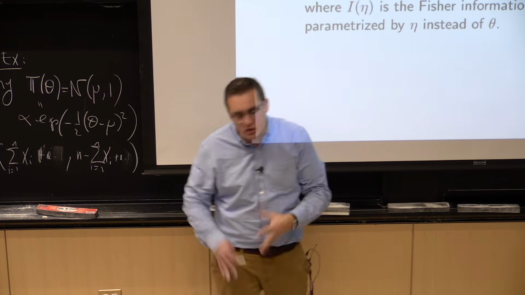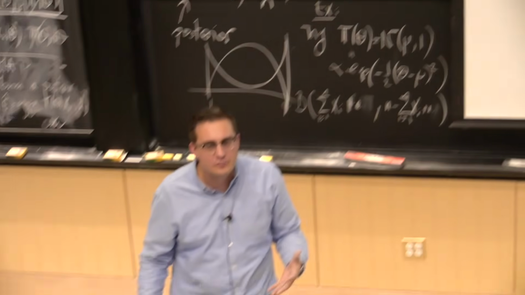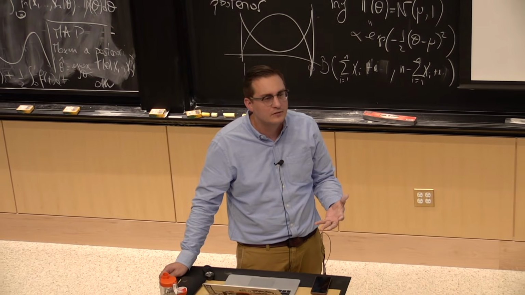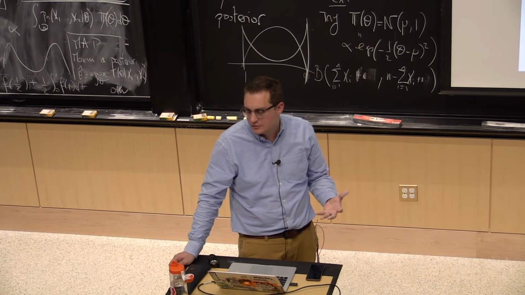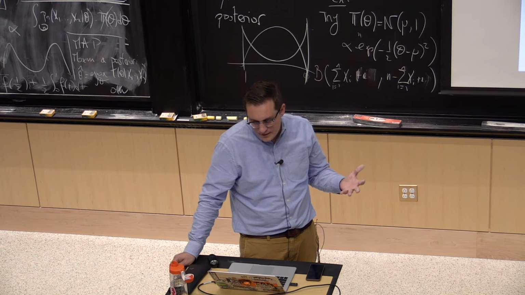So essentially, when you change the parameterization of your model, you still get Jeffreys prior for the new parameterization, which is, in a way, a desirable property.